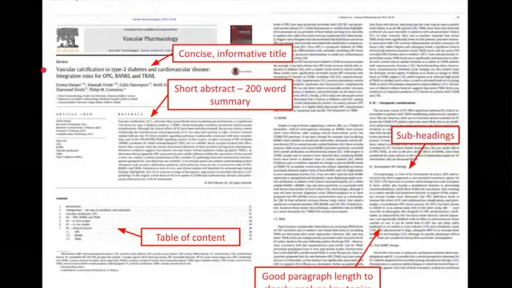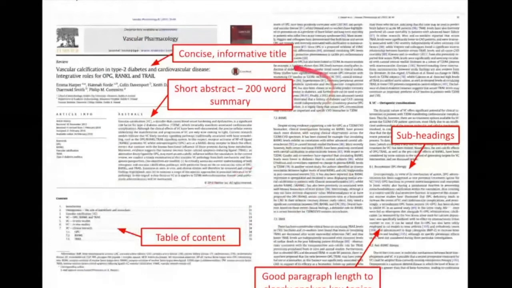So the title is already concise, and by looking at the title, I already know it is a type of review article. If you compare it with an original research article, the title is quite different. So reviews usually have a more concise and informative title, okay? And a short abstract, and this article uses more than about 200 references.